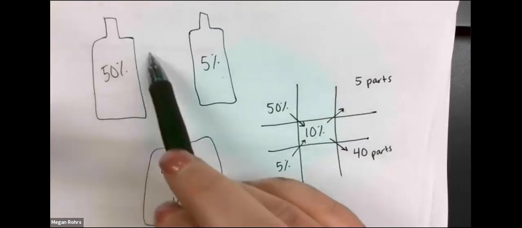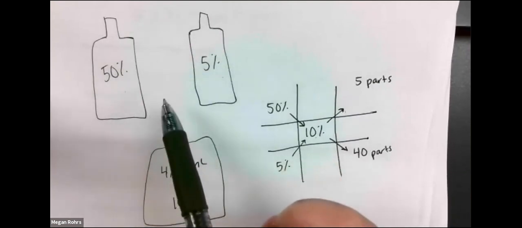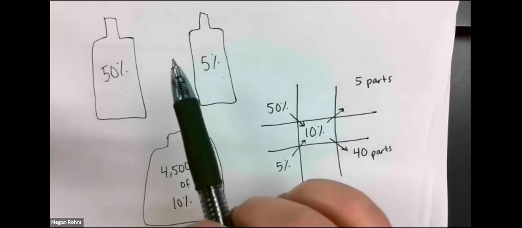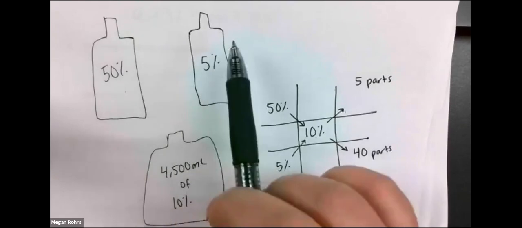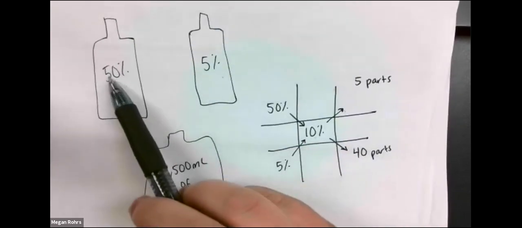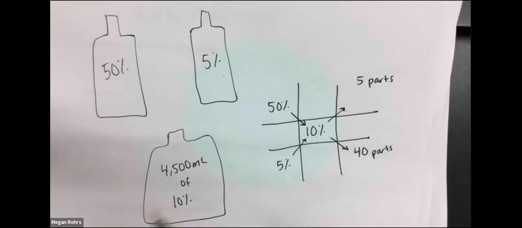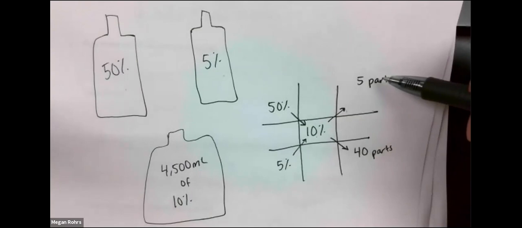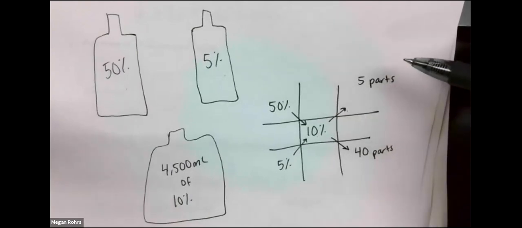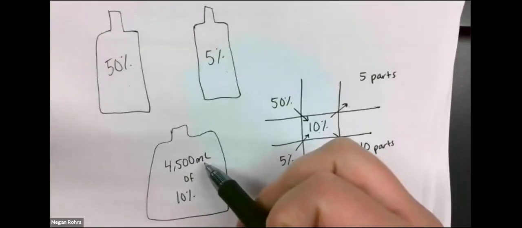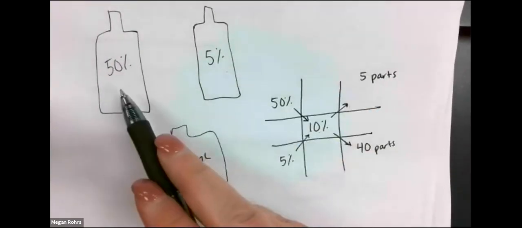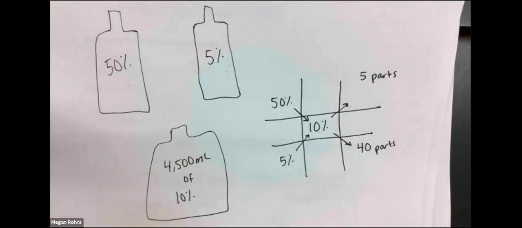We're going to need 40 parts of the 5% to 5 parts of the 50% solution, okay? But I don't know what that means. I don't know how to determine parts, okay? Because we work in units of volume, which in this case, we're going to look for mils. How many mils of each of these do I need, okay?